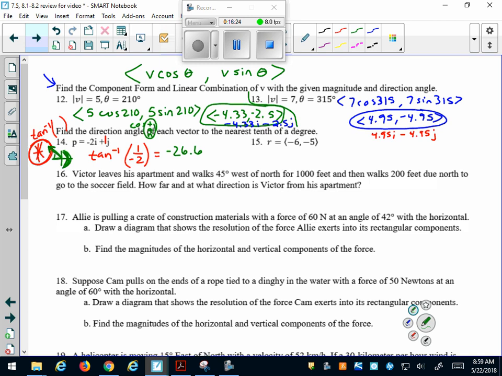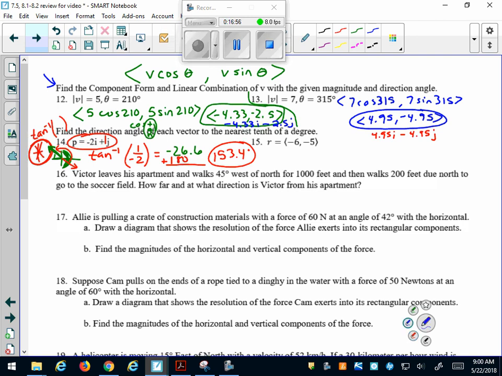That puts us in the fourth quadrant, negative 26.6 from the horizontal, that would be down here. Well, we know that this situation is not in the fourth quadrant, it's in the second quadrant. So we have to add 180 to get the equivalent tangent up in the second quadrant. So here we're going to add 180. And our final answer there is 153.4 degrees.